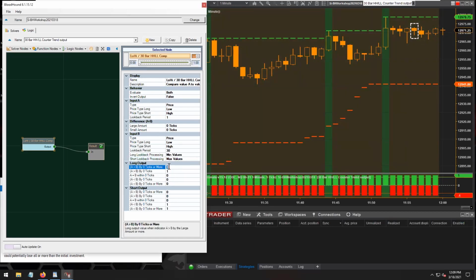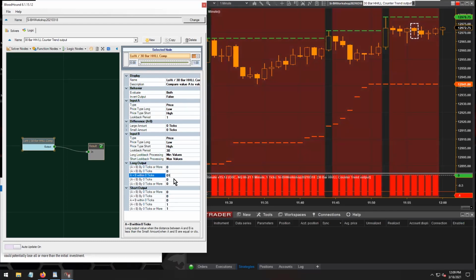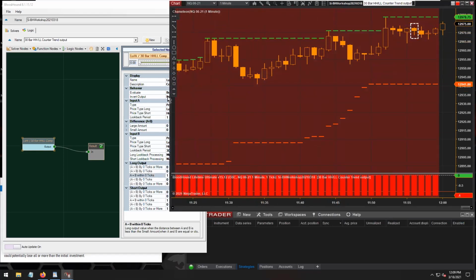Now, for the outputs here, we want A equals B, like so. Why is it A equals B? Well, let's take a look at this.